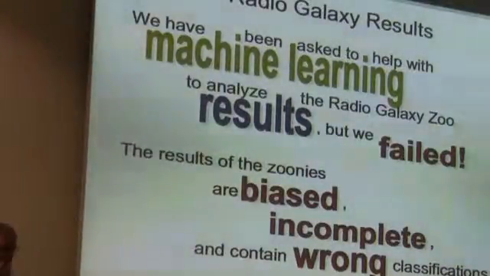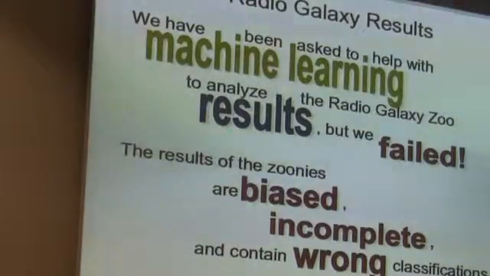So we have been asked to help them analyze the results with machine learning starting in 2014, and I completely failed. I tried to help them analyze the clicks by the users, doing certain things. So I had to go back to statisticians, and I asked Donald Richards from Pennsylvania State University whether he could help me with that.